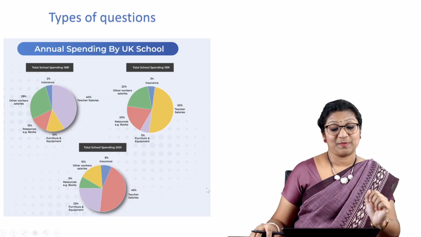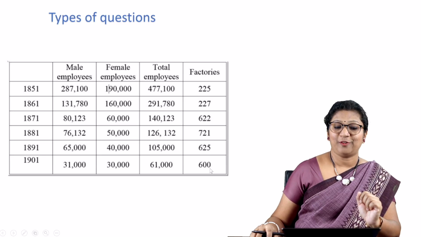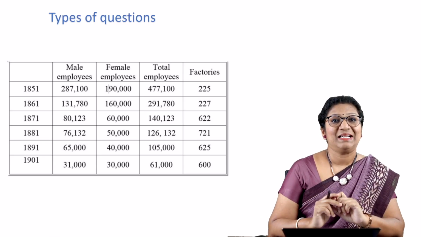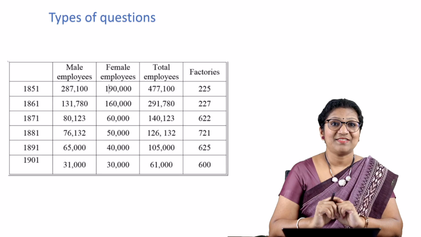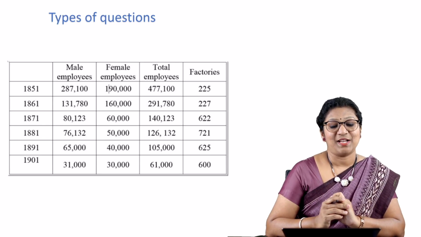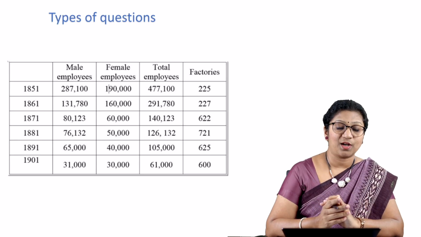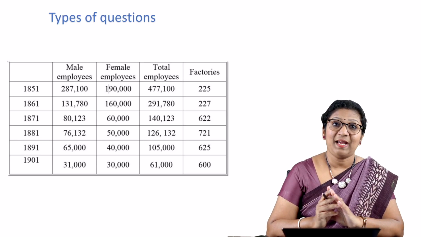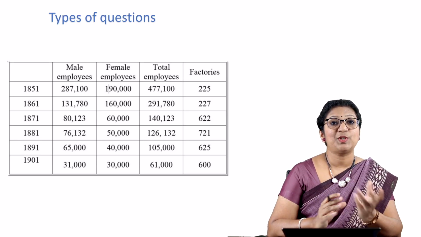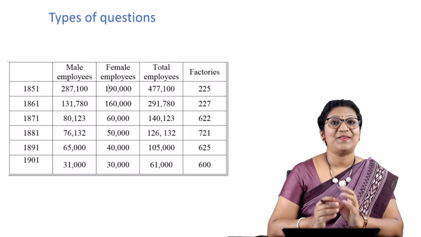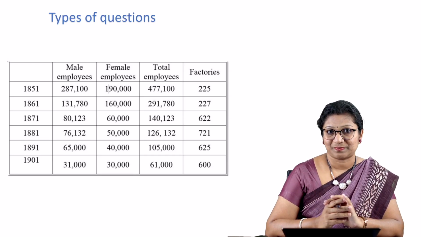What is the other possible question type? Well, the fourth type of question possible is a table. So you have data given in the tabular form and you have to decode it, understand what the headings on the rows and columns convey, the information given. We choose the most relevant points and write a full report.